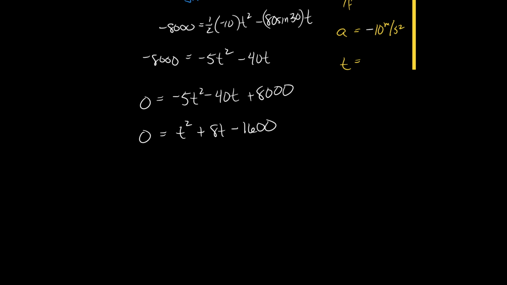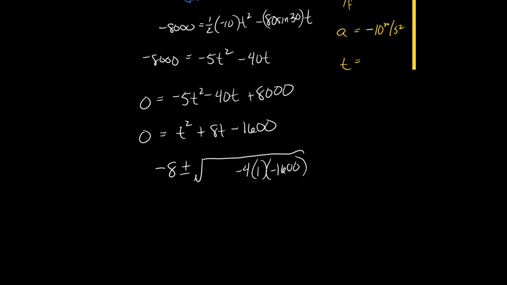So let's do it. Negative 8 plus or minus the square root of negative 8 squared minus 4 times 1 times negative 1,600. Oh, wait. Why did I put a negative 8 in there?